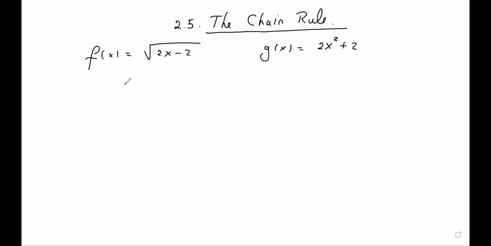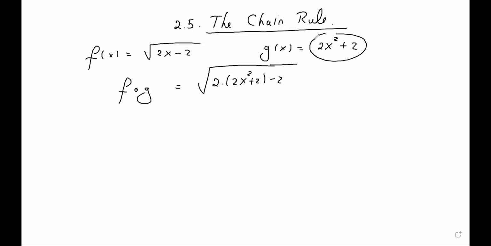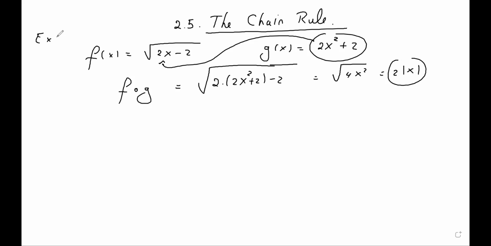And I asked you what is the composition of f and g, and the answer was the square root of 2 times 2x squared plus 2 minus 2. So basically what you do, you substitute this formula in for x in here, and that's going to give you square root of 4x squared, or 2 times the absolute value of x. All right, so this was the exam question.